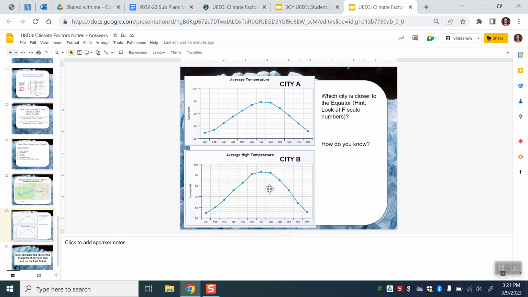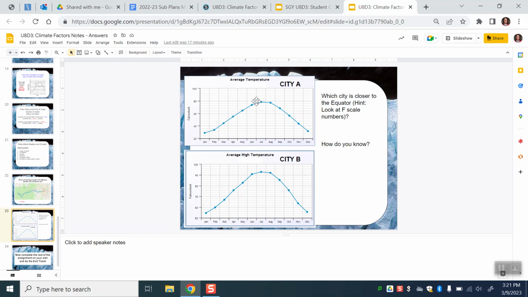And then again, you're also going to come here and think about, for example, which city, city A or city B, is closer to the equator. So the equator would be 0 degrees latitude. It's warmer. The sun is more direct. And we're going to look which one would be more near the equator. I'm going to give you a hint to look at your scale over here, because these look the same, right? You look at them, they look the same, but the numbers are different.